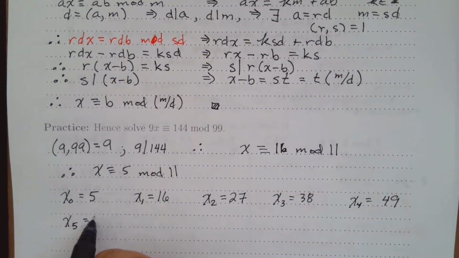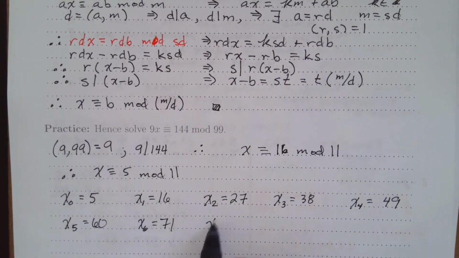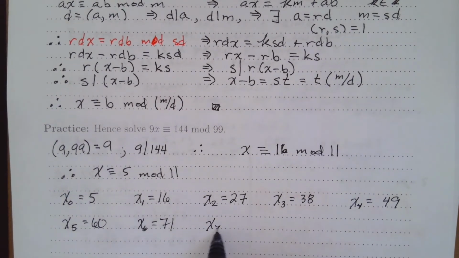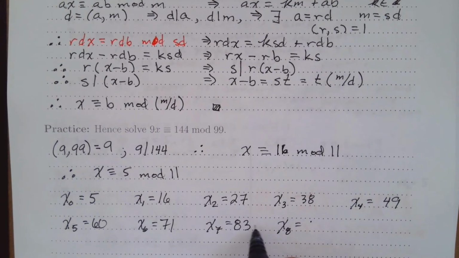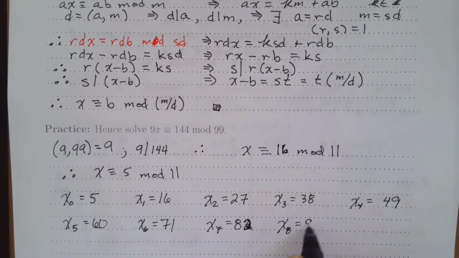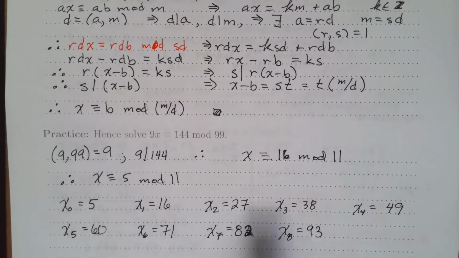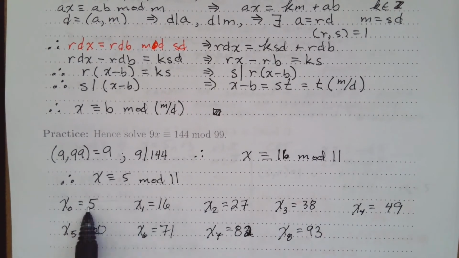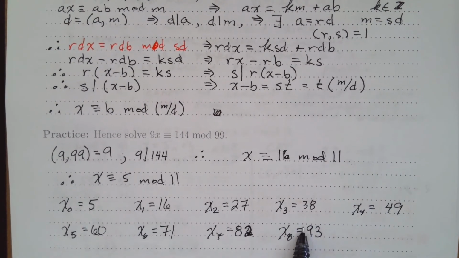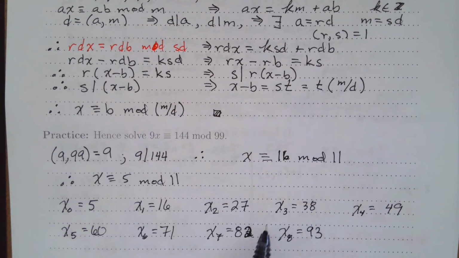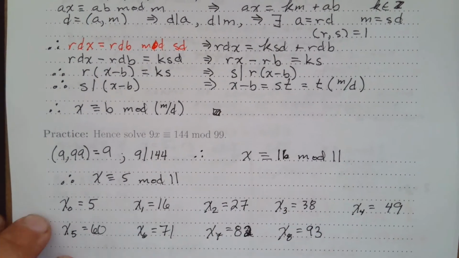Then x sub 5 would be 60, x sub 6 would be 71, x sub 7 would be 82, and x sub 8 would be 93. So these would be the 9 incongruent solutions: 5, 16, 27, 38, 49, 60, 71, 82, and 93, that could solve this particular equation.